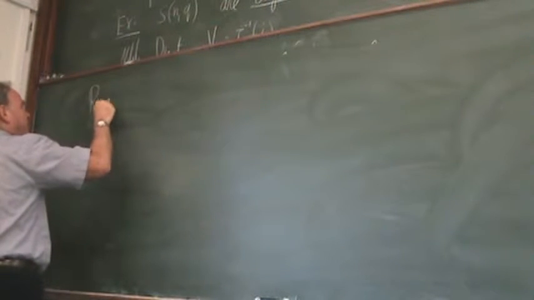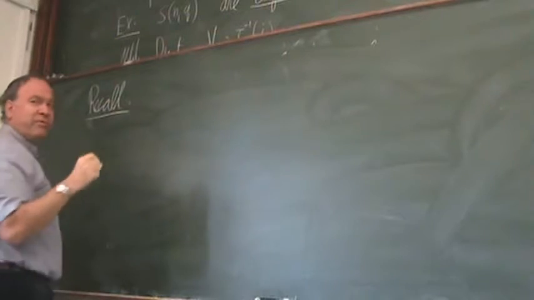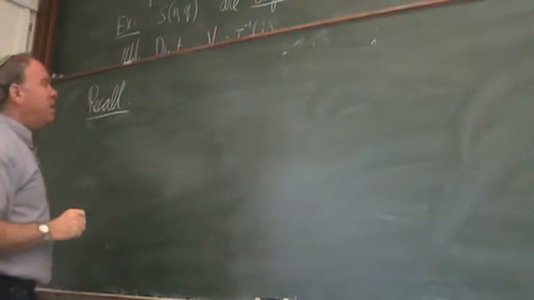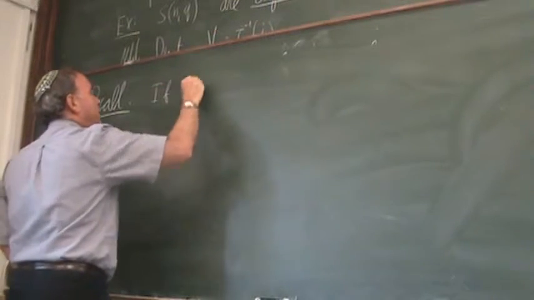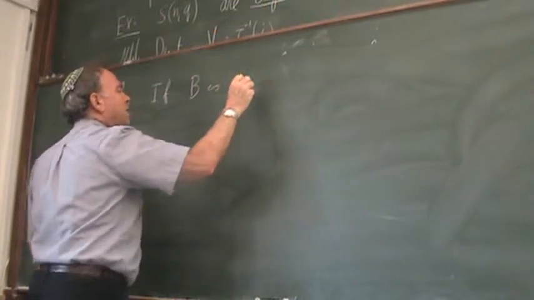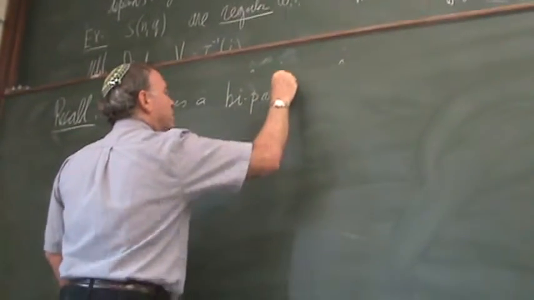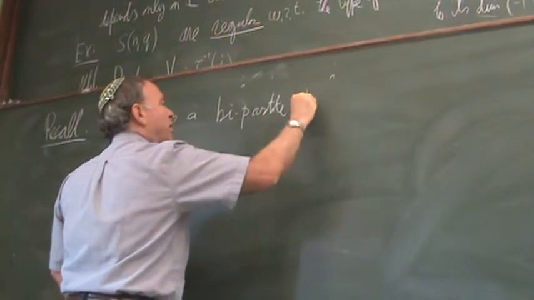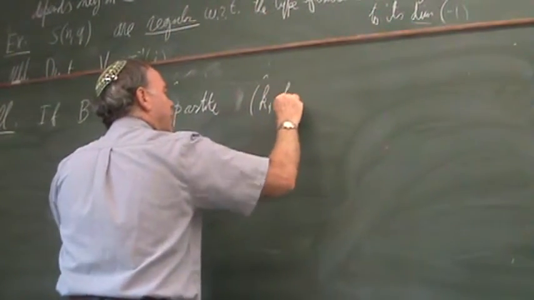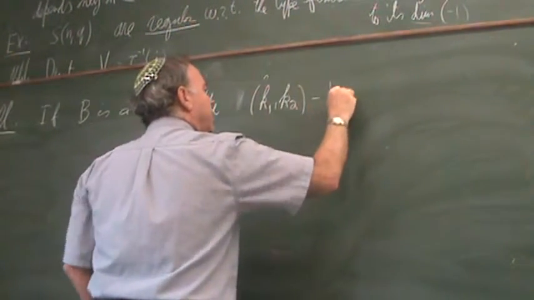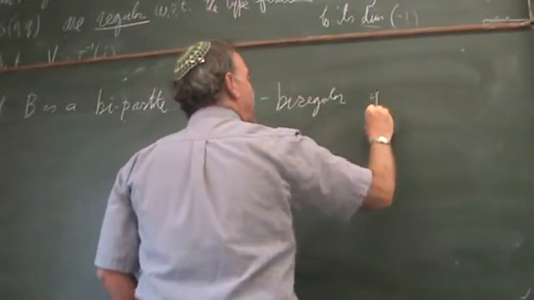I don't remember if I defined it in this way, but recall that B is a bipartite, biregular, so let's say (k1, k2)-biregular graph.